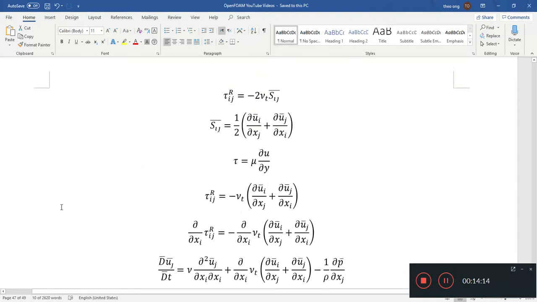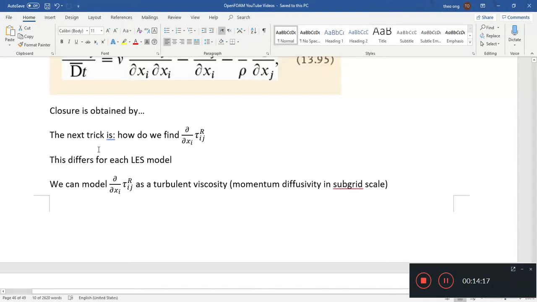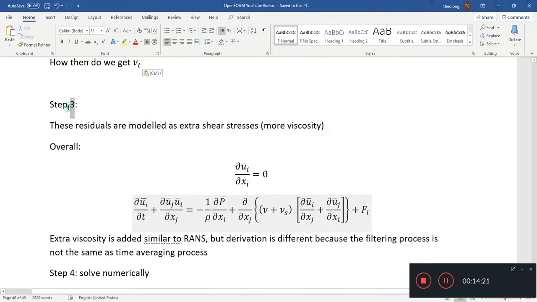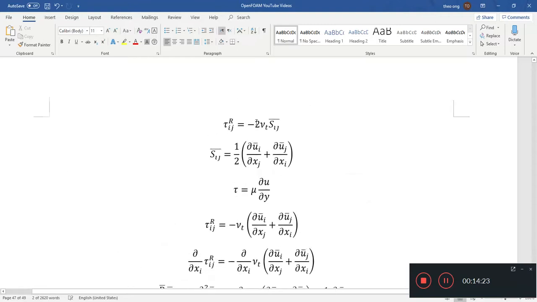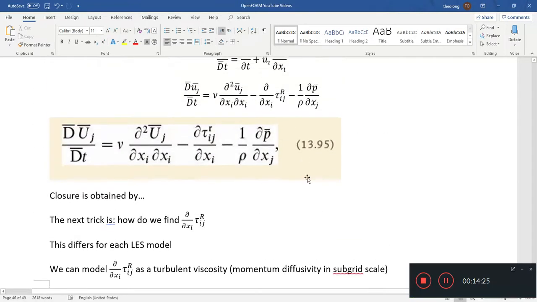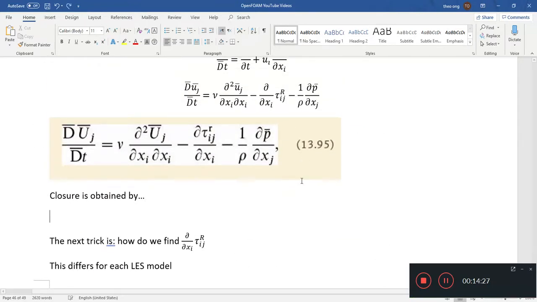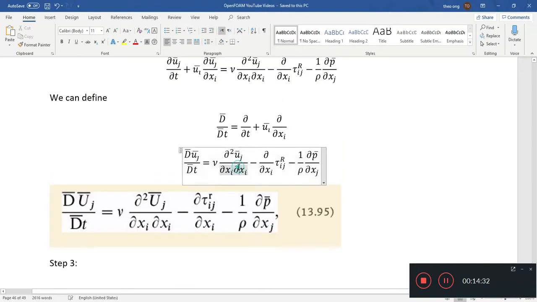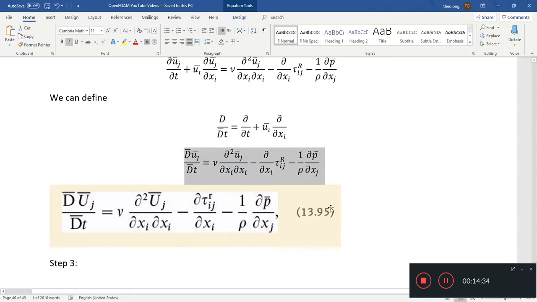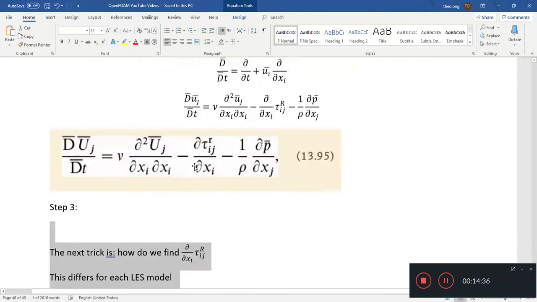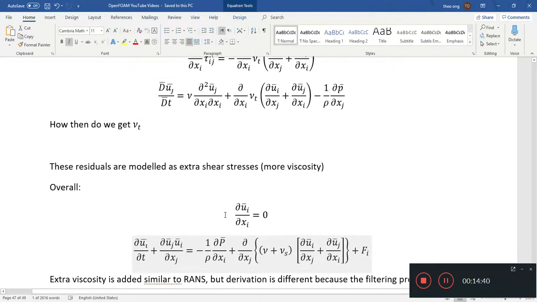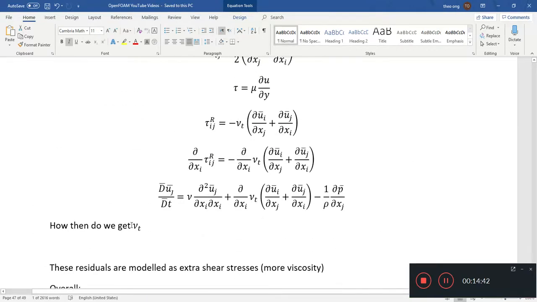This should all be part of step 3. We substituted all this into the Navier-Stokes equation to get a filtered Navier-Stokes equation. Then we try and model this residual shear stress. Usually, the simplest way is to get the viscosity.